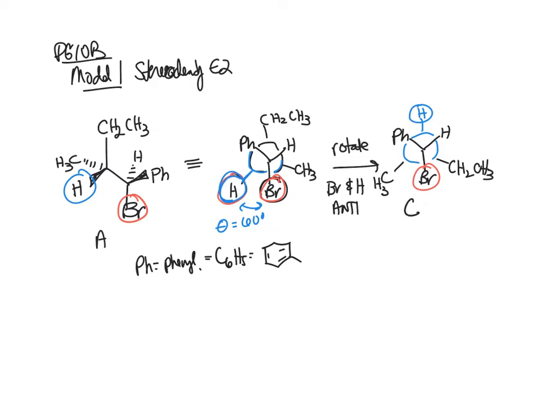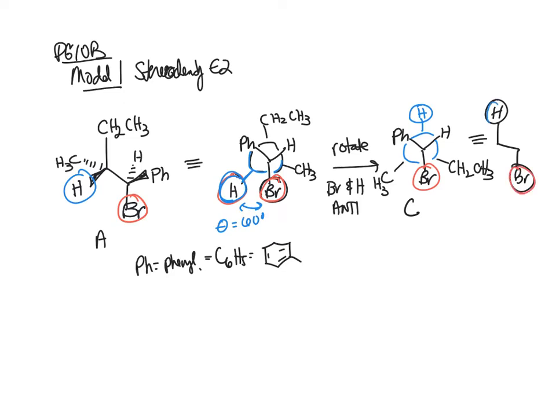This is compound C, and now they're showing you how to draw this into the wedge. Okay, so here you have H on top, and now we have these as 180.